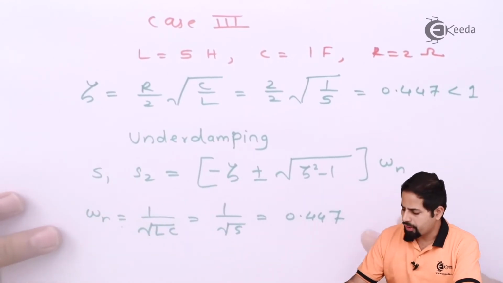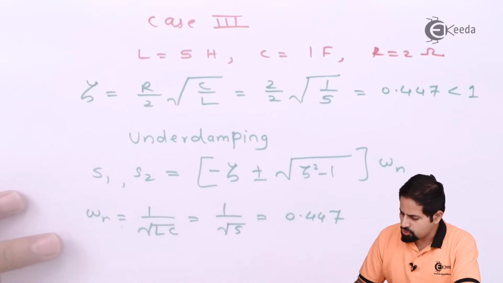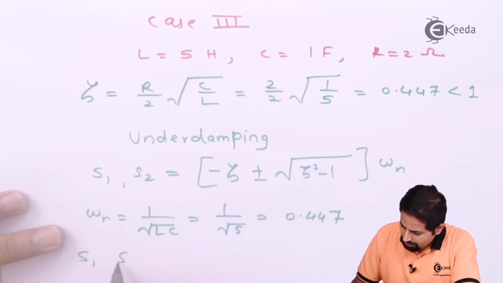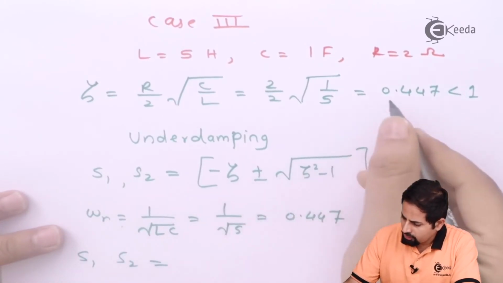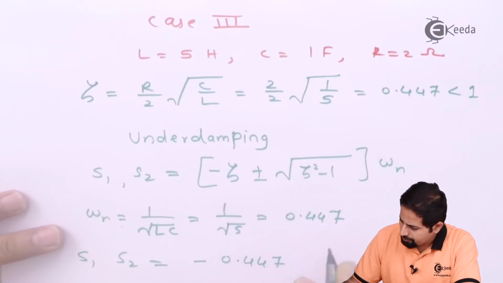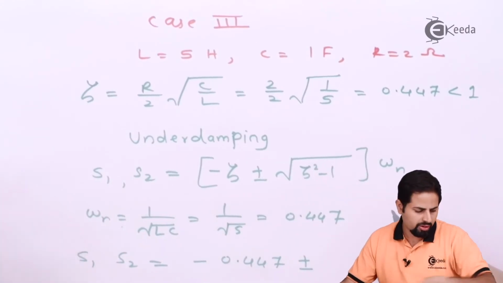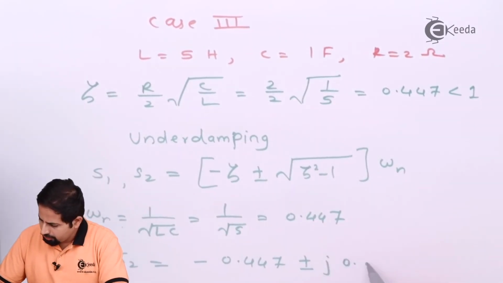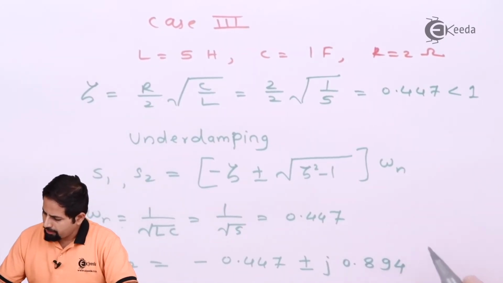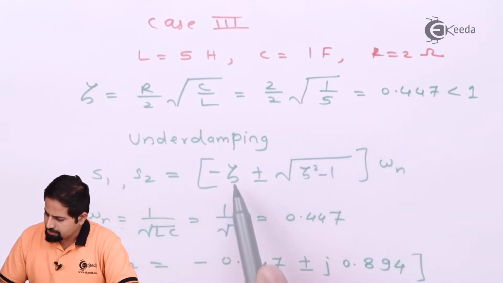So we can substitute it here, and by substituting it we'll get these values of S1 and S2. So S1 and S2 will become, now instead of zeta I will put minus 0.447, then plus minus, because we have two roots which are complex conjugates of each other. So it is j into 0.894, multiplied by, because the nature of roots is like this, minus zeta.